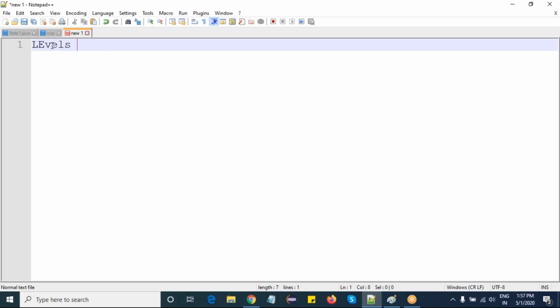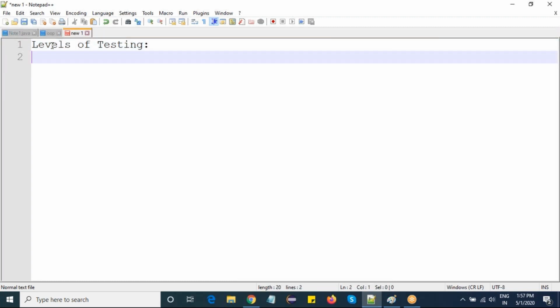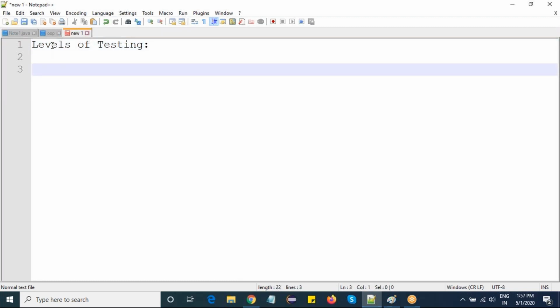Levels of testing. So basically we have different levels.